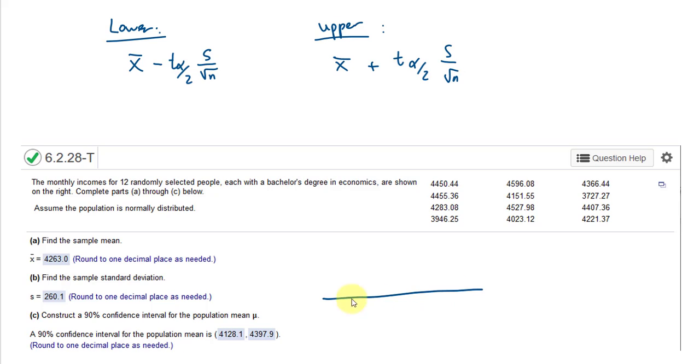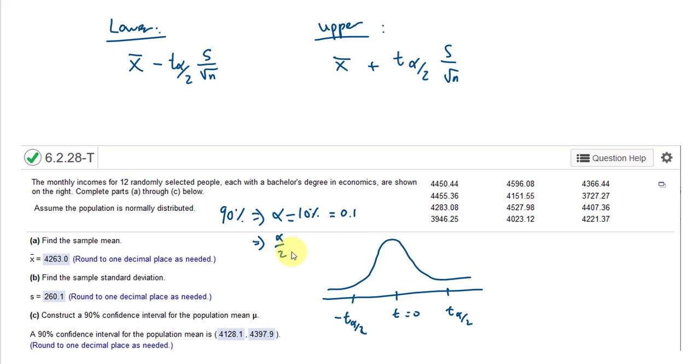Now again, I draw the curve. This is T equals 0, this is T alpha over 2, this is minus T alpha over 2. We are looking for 90% confident. That means my alpha is the other 10% or 0.1, and therefore alpha over 2 is 0.05.